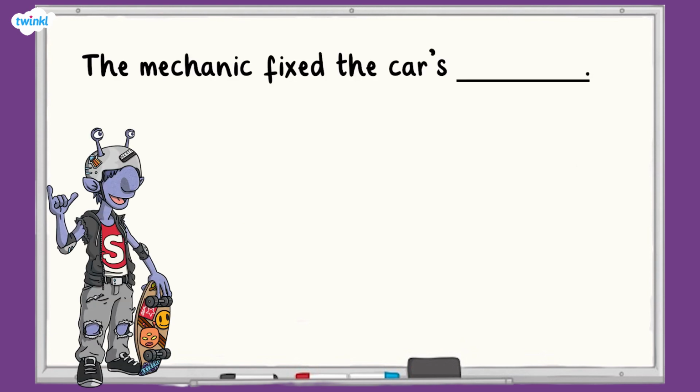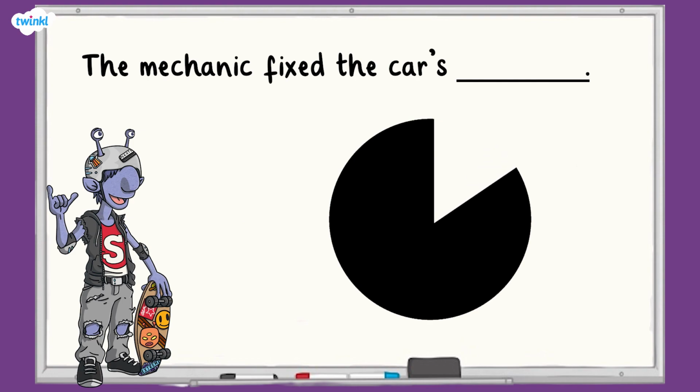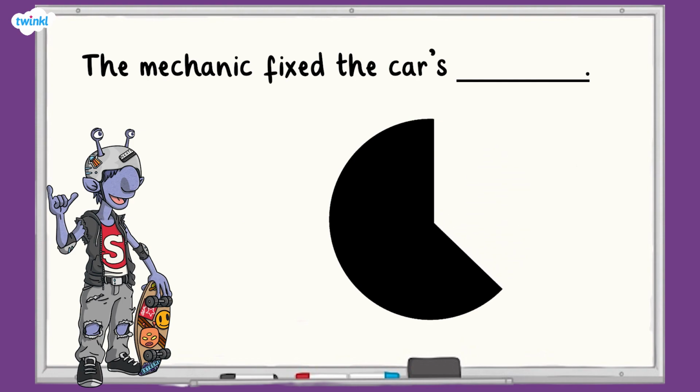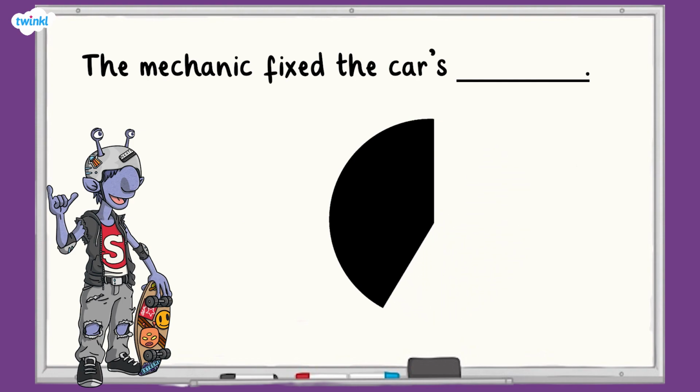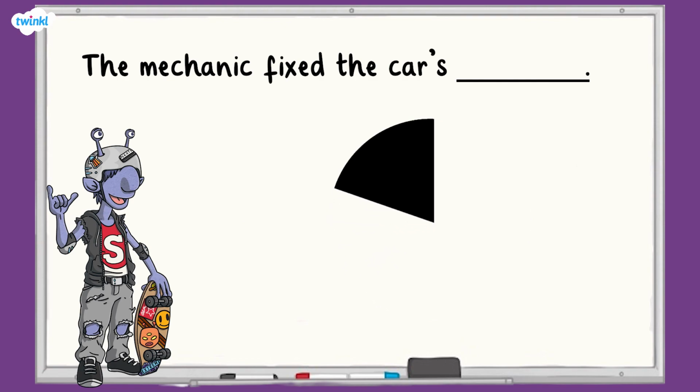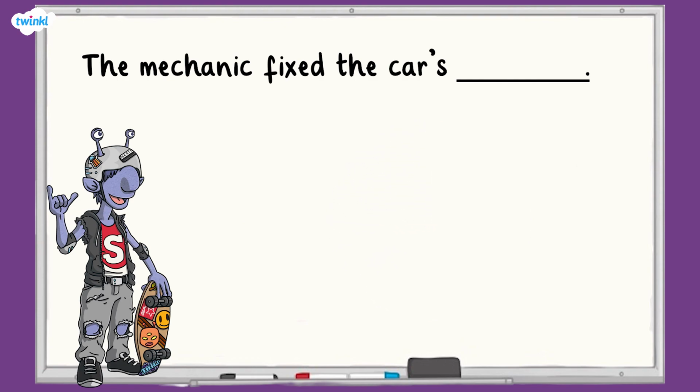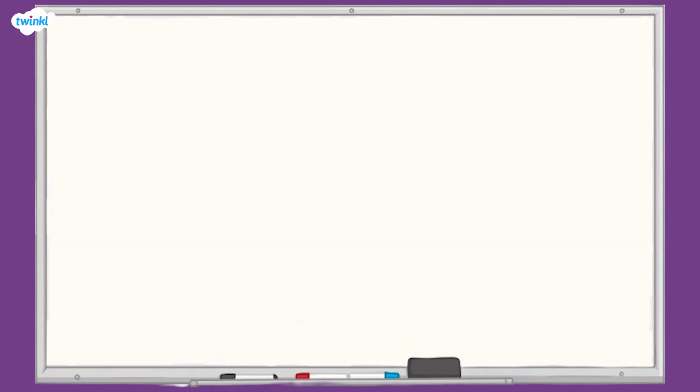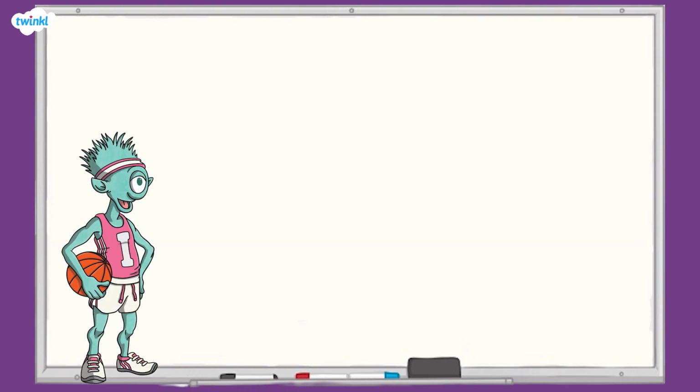The mechanic fixed the car's suspension. The word is suspension. Suspension is spelt S-U-S-P-E-N-S-I-O-N. The word is optician.